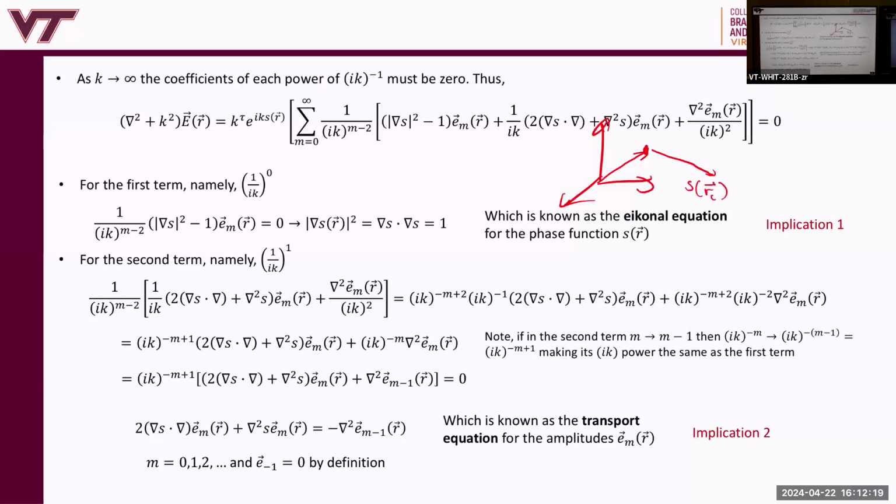Let's say this point is R1. Or this point, this is S of R2, and this point is R2. So there'd be another vector here, which is R1. This vector to this point is R2, right?